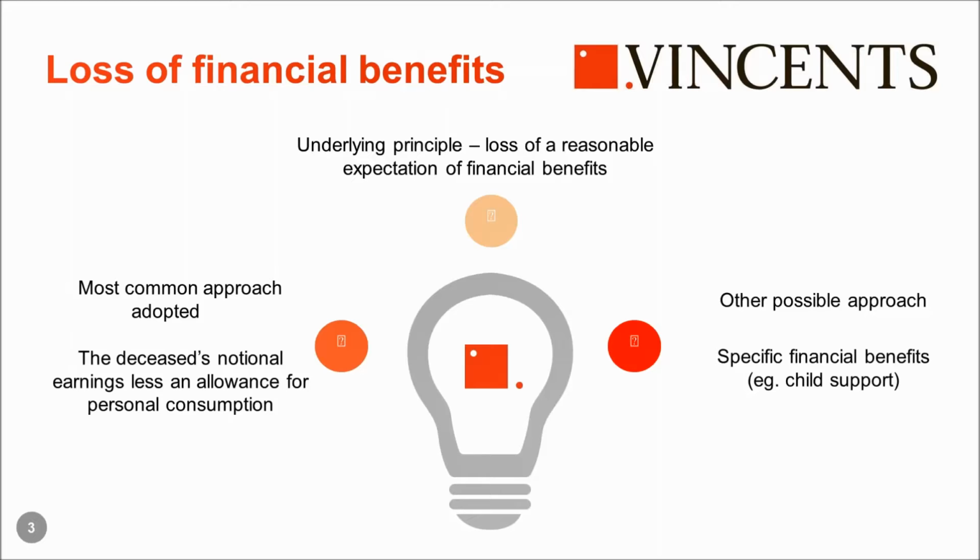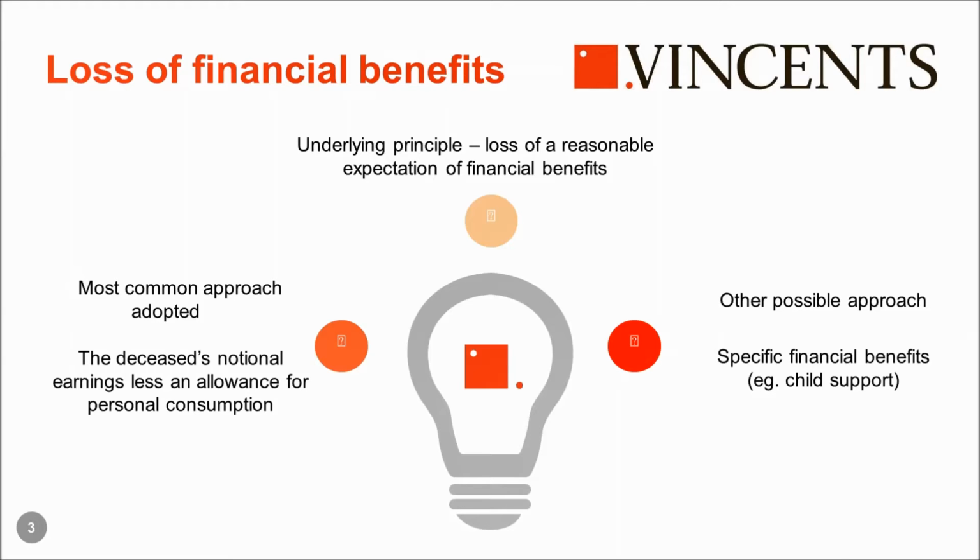The most common is probably child support, where there is a split family and the children are dependent upon the deceased, and the level of that financial benefit is probably just child support up until the age of 18 years or of that nature.